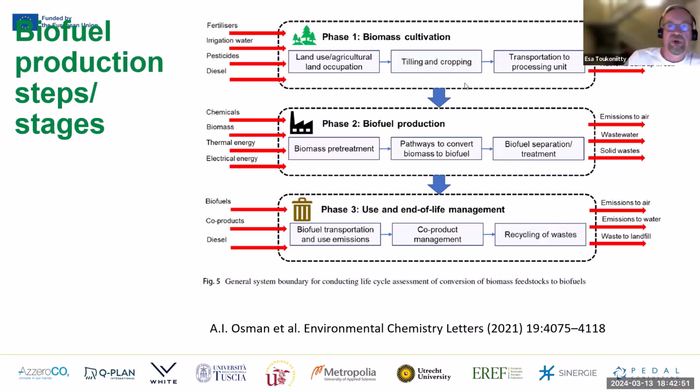What I like about it is that there are these different material flows in and what is exiting the phase. Here is the biomass cultivation, then there is the biofuel production process, and the last is the use of that biofuel, and we have inputs and outputs in each of these.